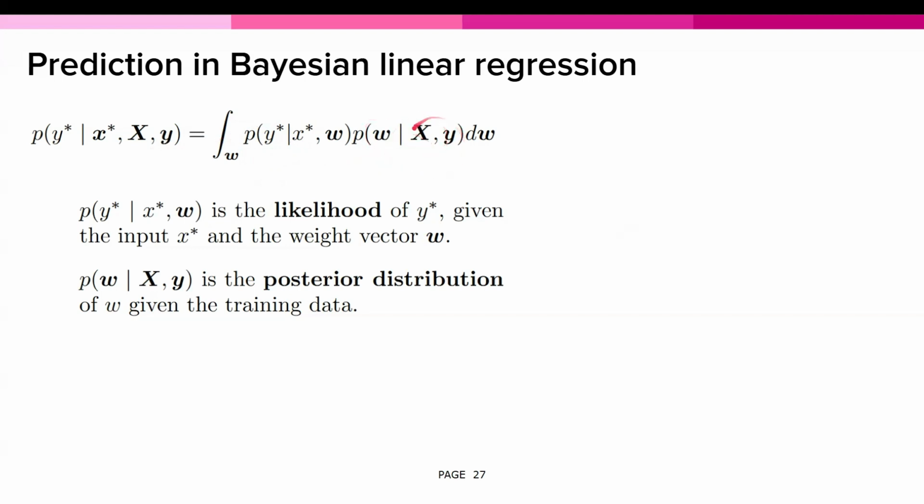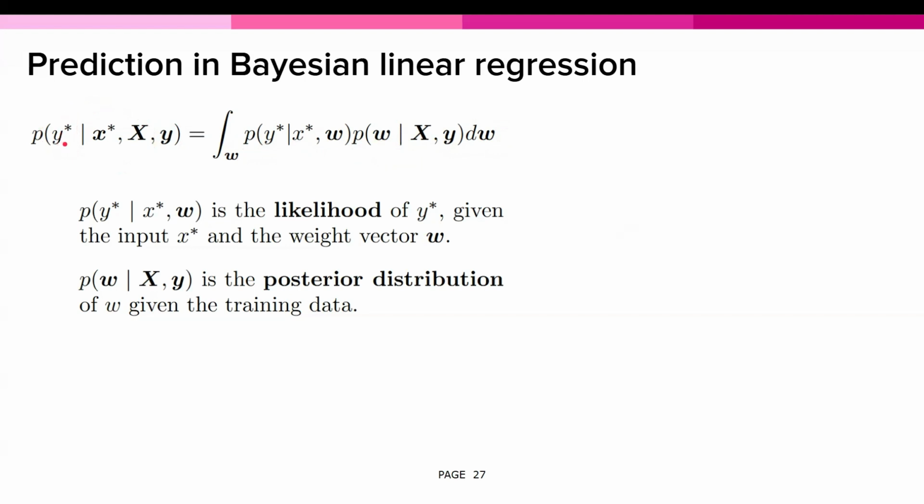So this second term, probability of w given x and y, this is the posterior distribution of the weight vector given the observed data. So this term tells us how likely a particular weight vector is given the training inputs x and the outputs y. And so by integrating the product of these two terms over all possible weight vectors, we're going to obtain the new posterior predictive distribution over y star.